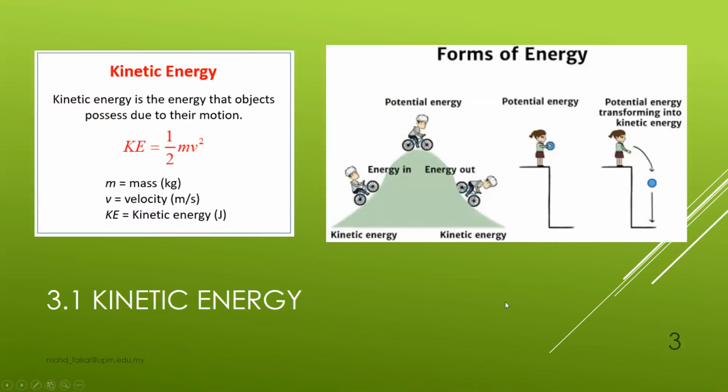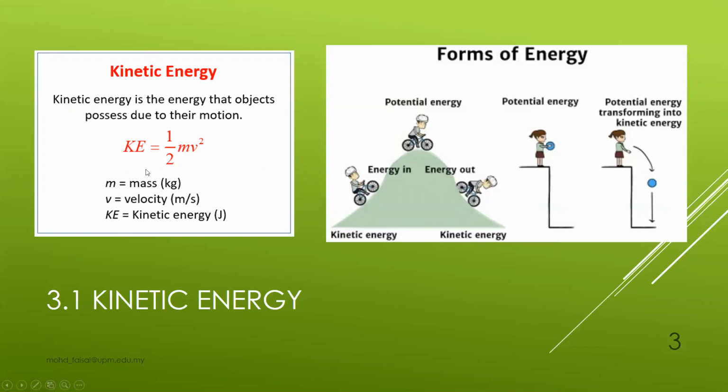Okay, on the first one, kinetic energy, as what you have learned before in your high school, I think you have been introduced to this kinetic energy. Kinetic energy is the energy that an object possesses due to its motion.